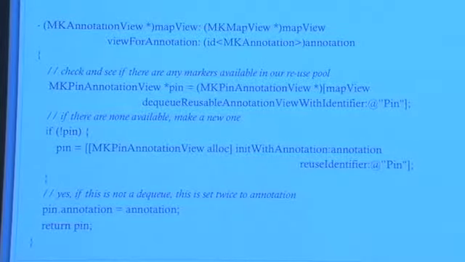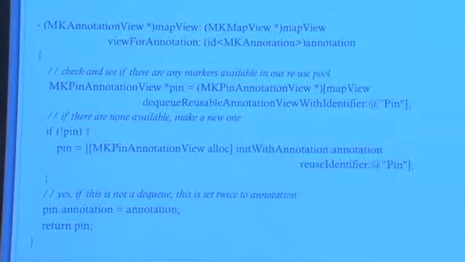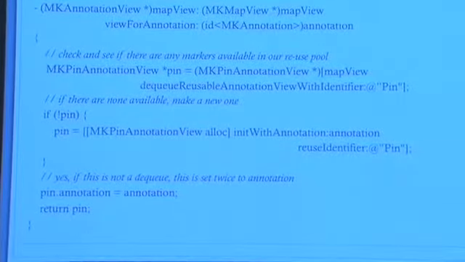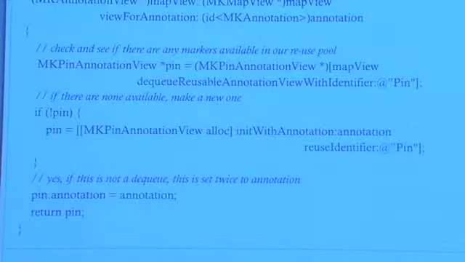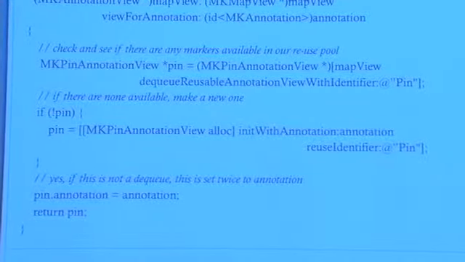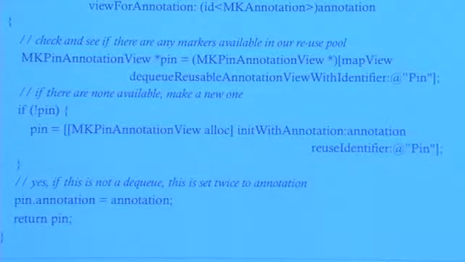When you're allocating a new pin, you don't set this in the storyboard like you did with the table view. And then after you've got the pin, you set the pin's annotation to be your annotation. Notice that this does happen twice if it's not a dequeue. If you're making a new pin, you init it with an annotation, and then you set the annotation again, which isn't a big deal. And then you return the pin.